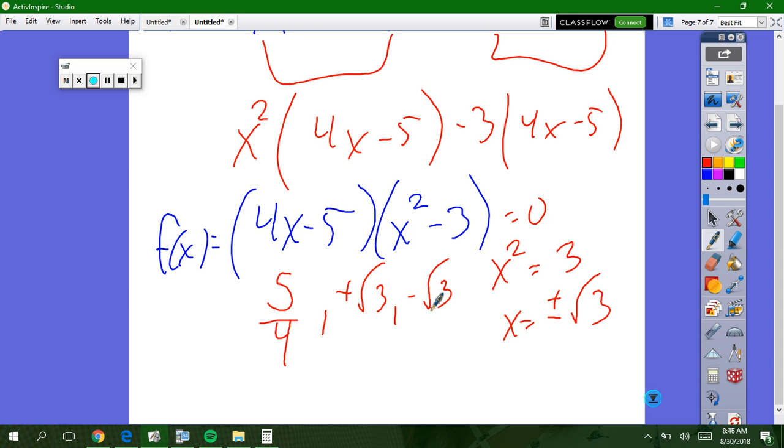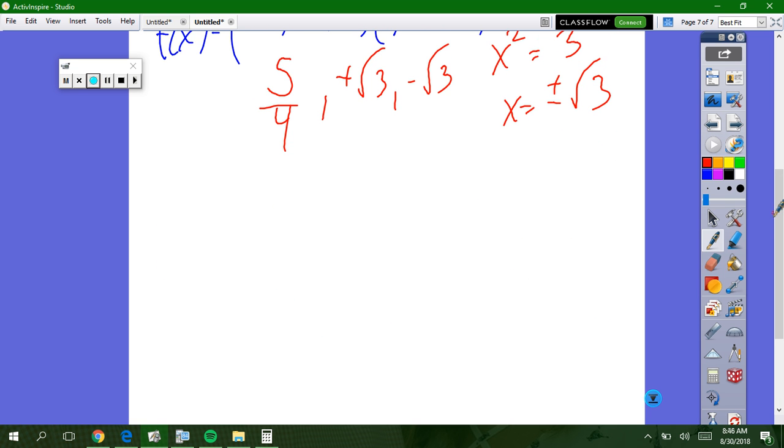Okay, so let's go ahead and graph this though. Can somebody tell me roughly what root 3 is? I know it's less than 2. How do I know it's less than 2? 1.7 something? Okay. Square root of 4 is 2, and square root of 4 is greater than square root of 3, right?